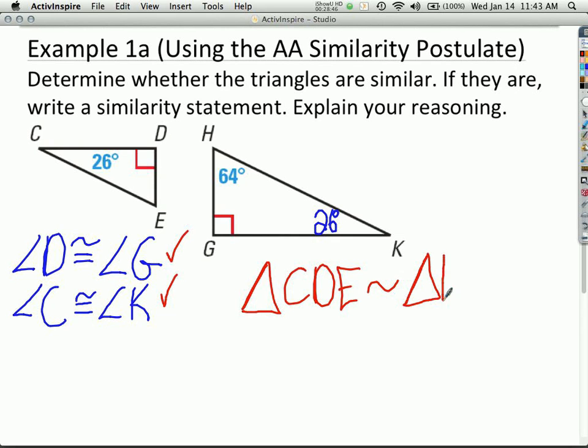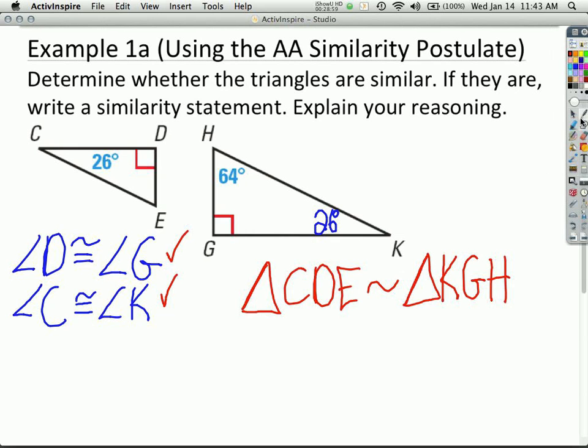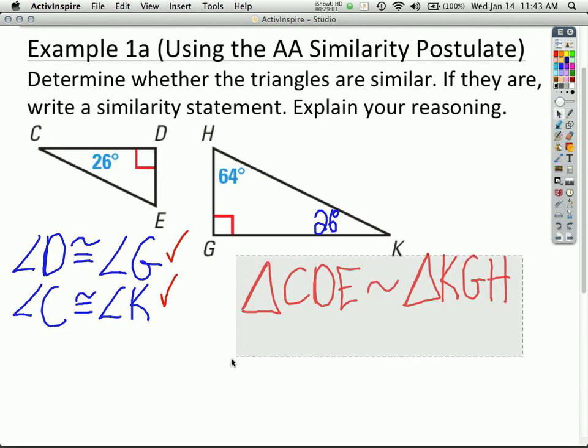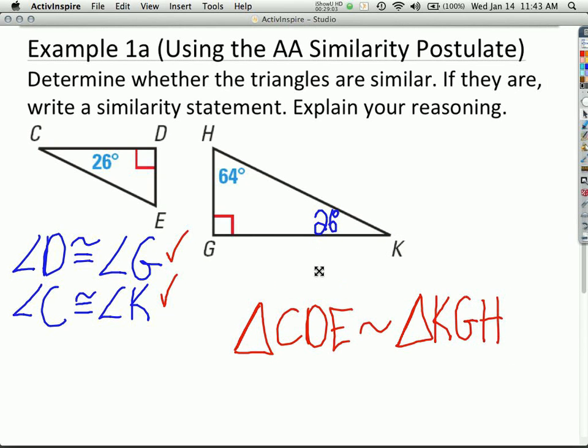Corresponding angle is K. And now I need a corresponding angle to D. Corresponding to D is G. And then the last letter is H. And so now we have a similarity statement. That's this right here. That's our similarity statement, and we've explained and supported our reasoning by showing this right here.